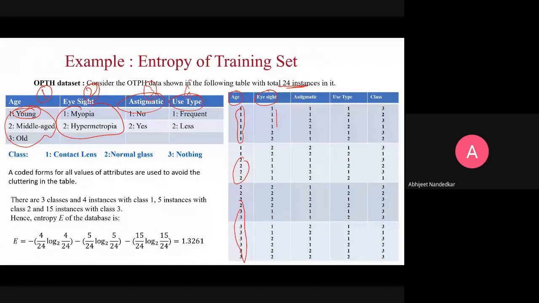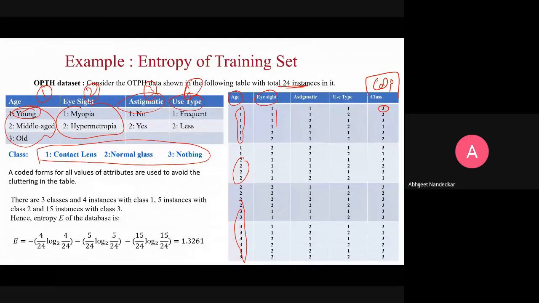All of them are coded in numbers for simplicity. Then we have the last column here as the class omega I, which has three values: contact lens, normal, glass, and nothing. So 3 indicates here it's nothing.